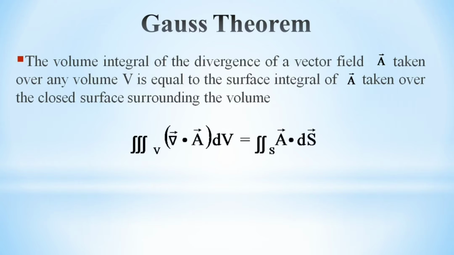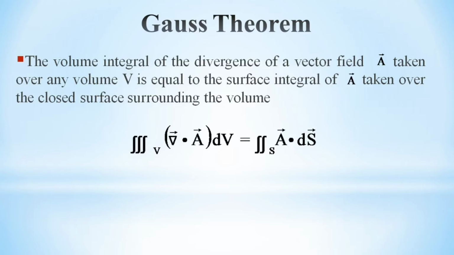That is, triple integral over volume V of del dot A into dV is equal to double integral over surface S of vector A dot ds.